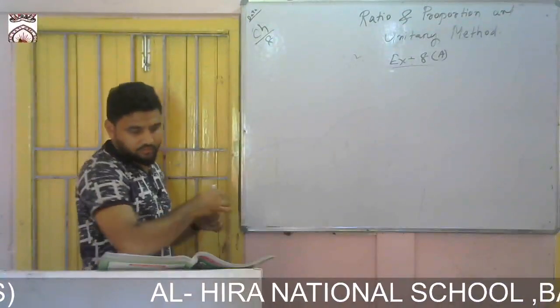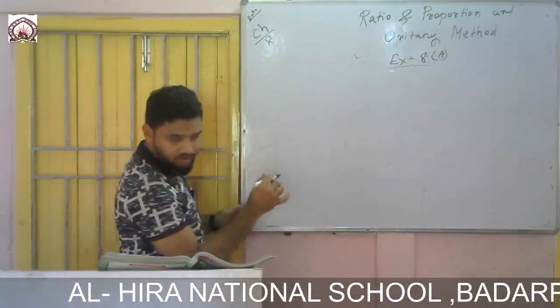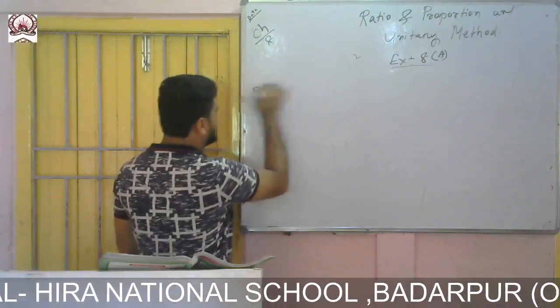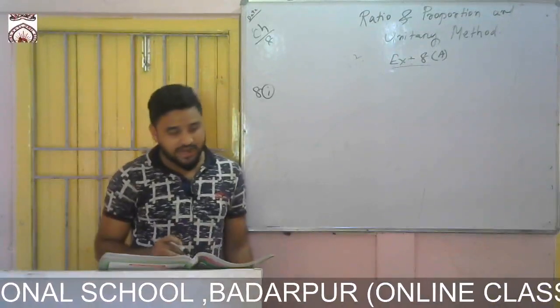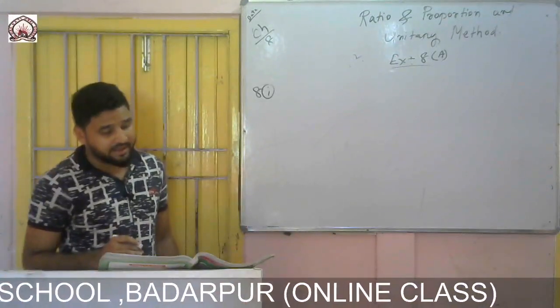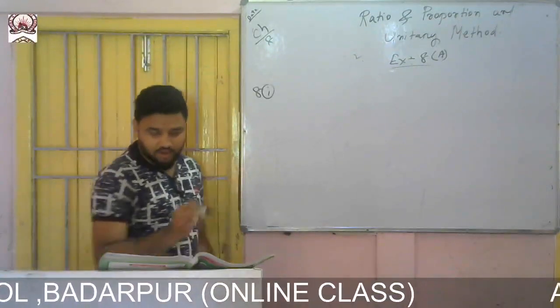So this is the last question for today. A is to B equals to 5 is to 7. So write, given.